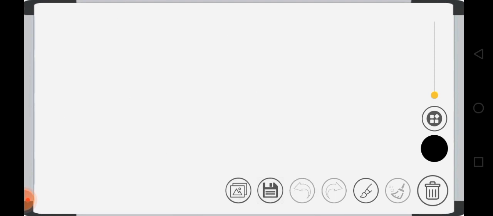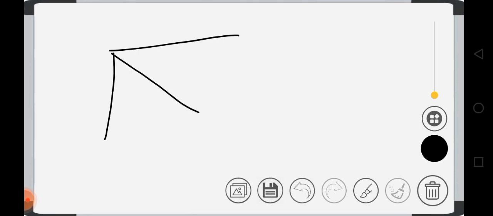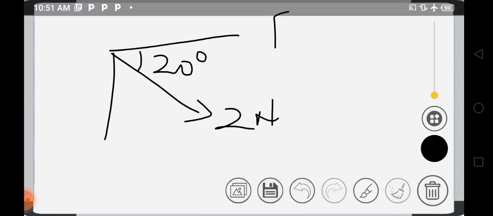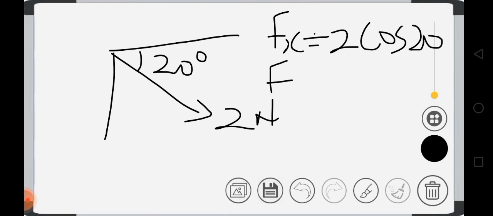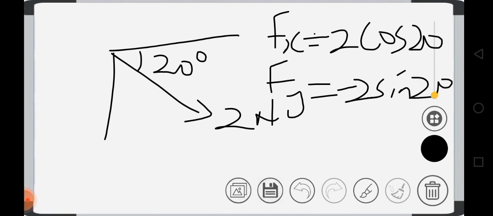Then let's say we have something like this. We have 20 degrees, 2 newtons. F of x will be 2 cos 20. F of y will be minus 2 sin 20.